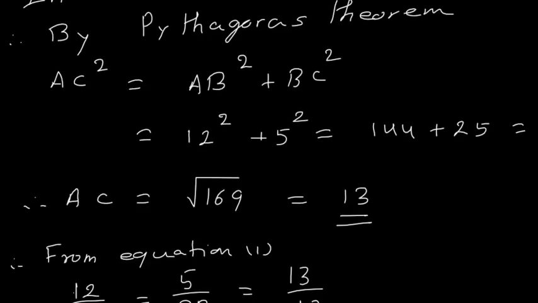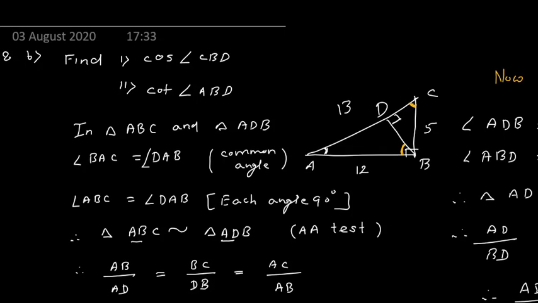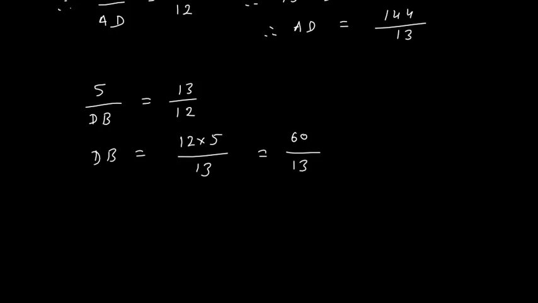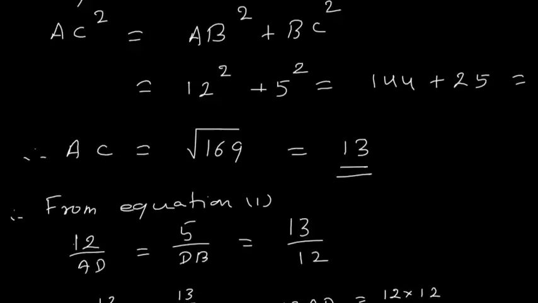Right. So in this diagram, we will mark these values. We got value of BD as 60 upon 13.